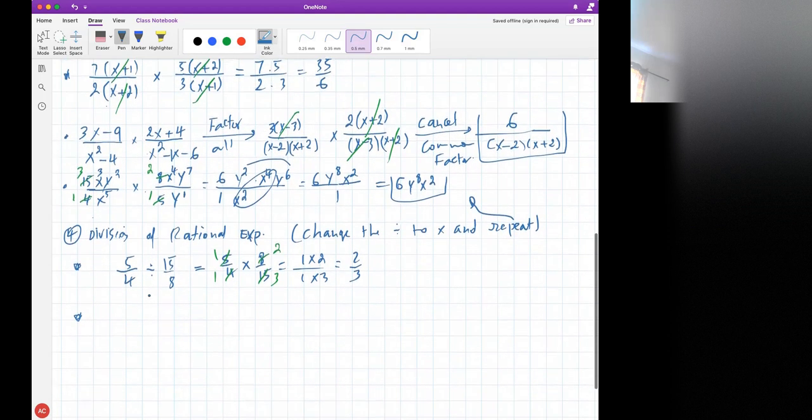So let me give you a few examples here. Let's say you have 5x minus 10, and let's say I want to divide this by maybe x to the second minus 4, and maybe a couple of polynomials here.